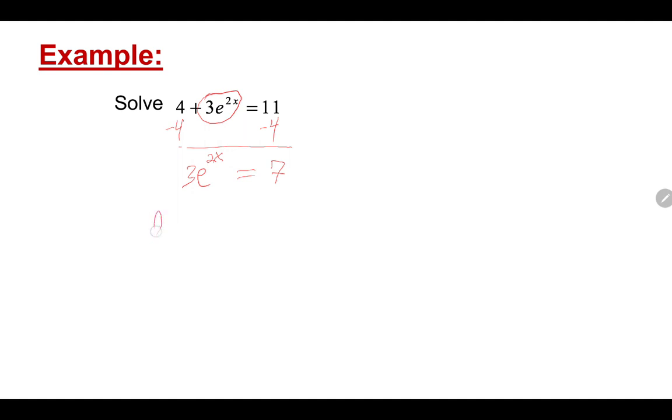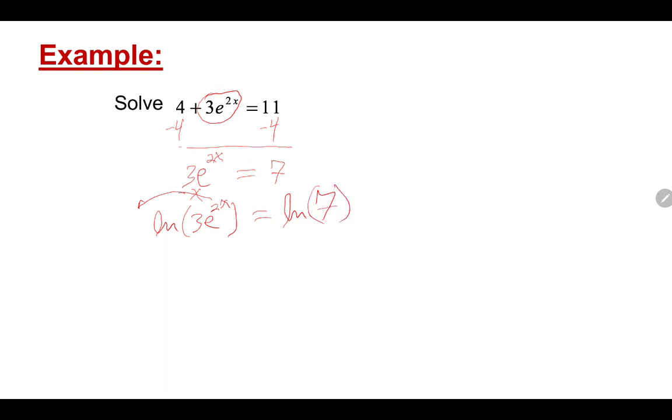So this becomes ln of 3e to the 2x. And we can't pull that 2x down yet. It cannot go down here, because we have to deal with the separation of those first. And on this side, I'll have ln of 7.